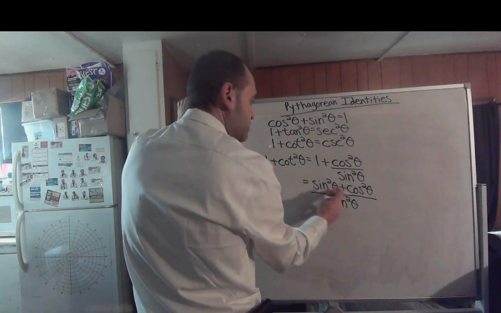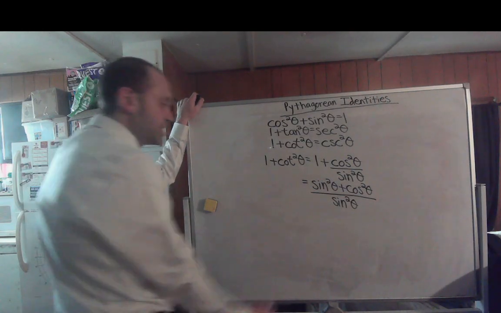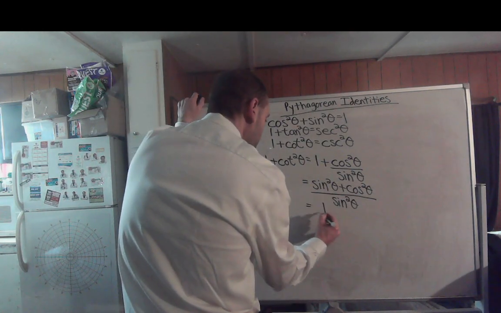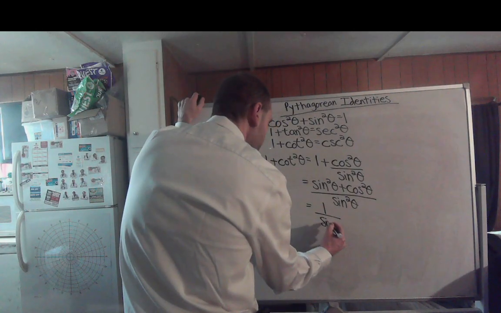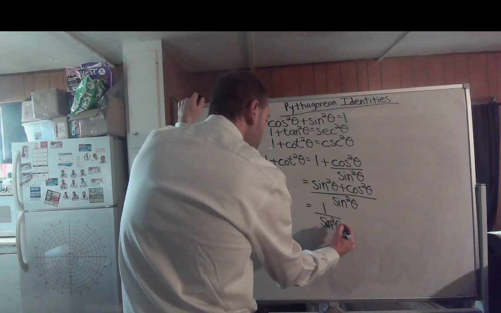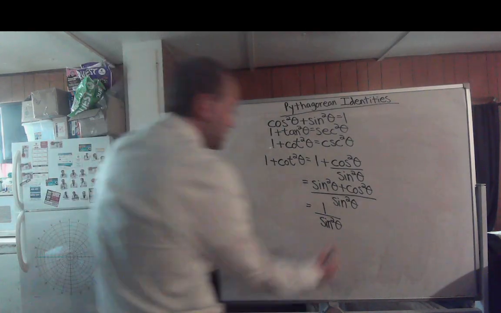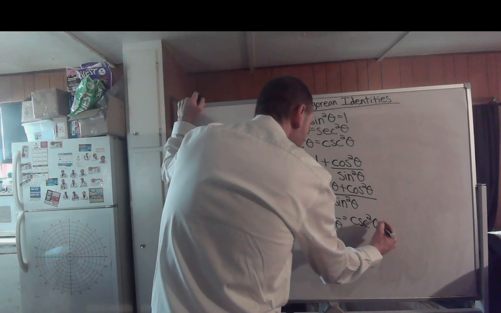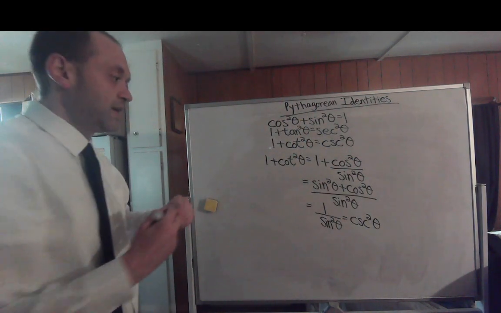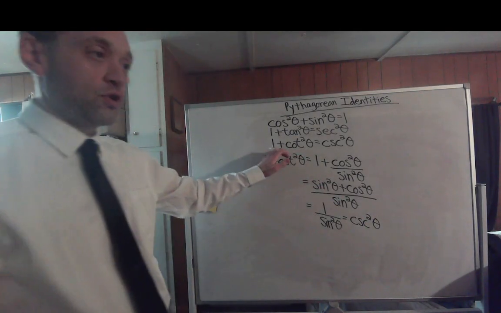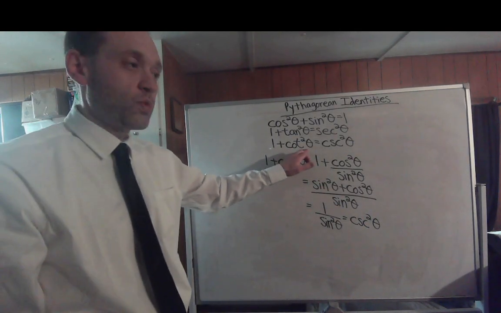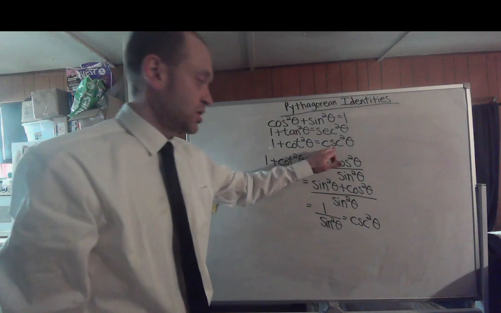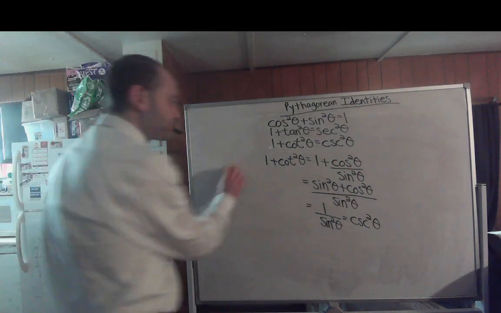Well, what's sine squared plus cosine squared? That's just 1, right? So you would end up getting 1 over the sine squared of theta. Well, what's 1 over sine squared? That's the cosecant squared. So that would equal the cosecant squared of theta. Therefore, this identity holds: 1 plus cotangent squared of theta equals the cosecant squared of theta.